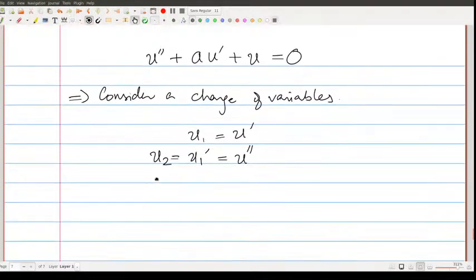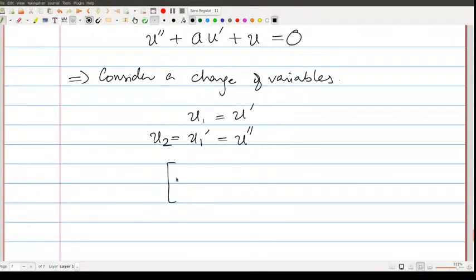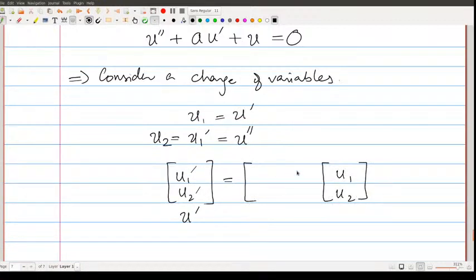And now I can write an equation in terms of u1 prime and u2 prime. So this is my vector u prime, and my original vector is going to be u1 and u2. Now I just have to fill these entries. What is u1 prime in terms of u1 and u2, and what is u2 prime in terms of u1 and u2?